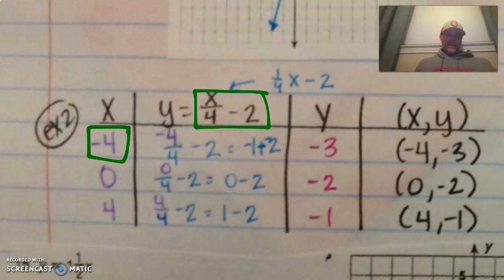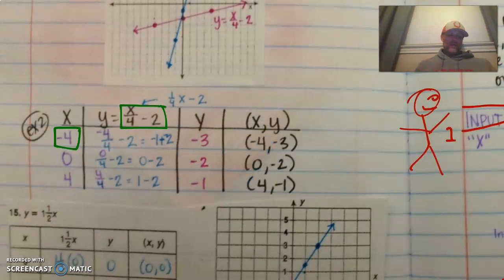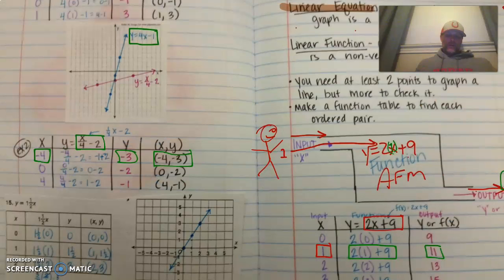So it is now negative 4 divided by 4. I'm looking at this right here. Negative 4 divided by 4, which is negative 1. Negative 1 minus 2 is the same thing as negative 1 plus a negative 2, so we get negative 3. So our ordered pair is negative 4, negative 3. Okay, so it's the same thing. We just graph that line up there using these ordered pairs.